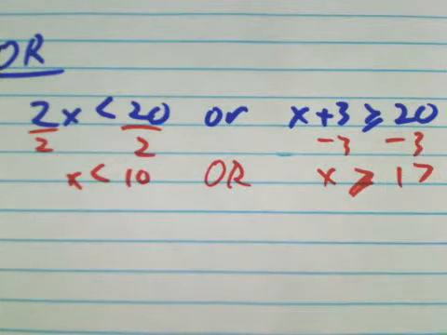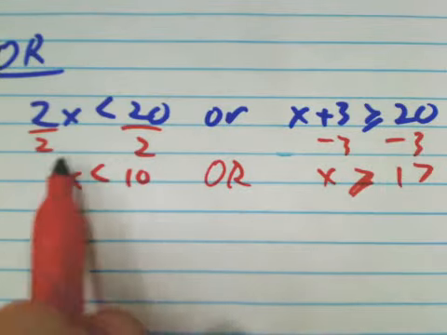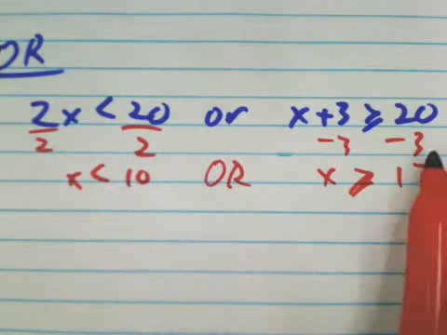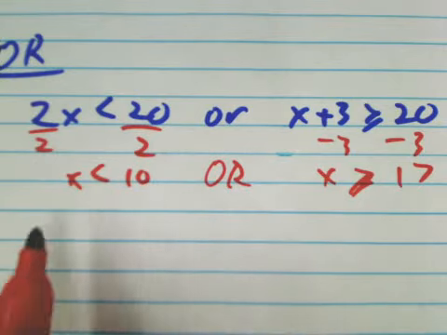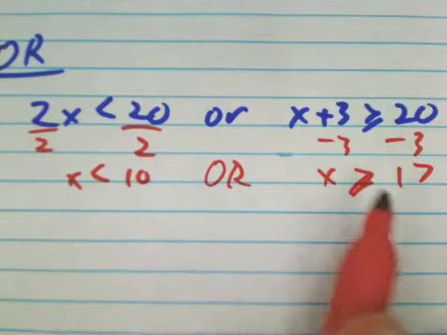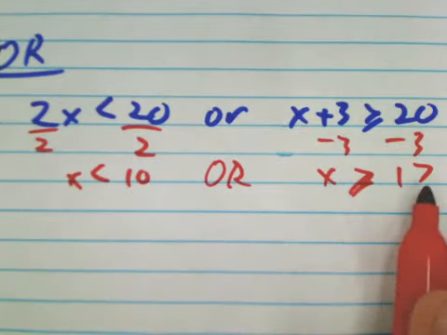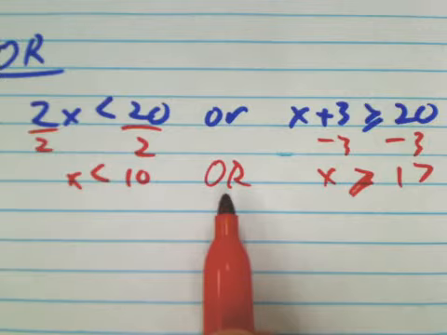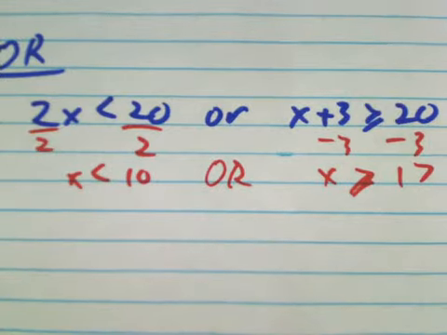It shows 20 twice there. I'm very unoriginal. So over here I had to divide by 2, and over here I had to subtract 3. So what I get when I simplify it a little bit is that x is less than 10, or x is greater than or equal to 17. And when I say or, that means it could be one or the other. It doesn't have to be both.